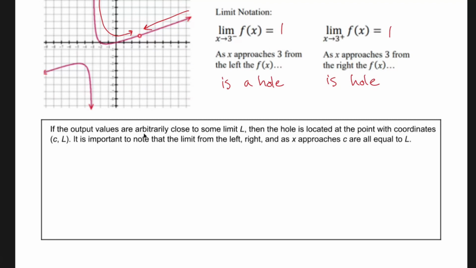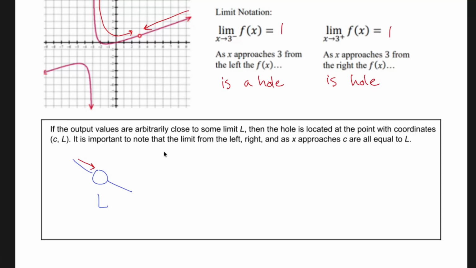If the output values are arbitrarily close to some limit L. This is a horrible phrase, but I remember seeing a problem like this once on a practice test. What that is saying is as I get closer to some limit. Here is a hole. We'll call this L. This is me getting arbitrarily close to it. Then the hole is located at the point with coordinates (C, L).